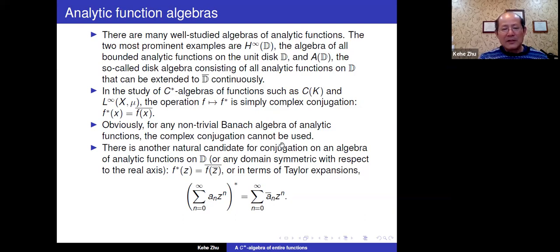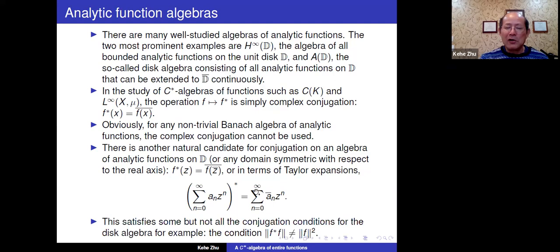But the problem is, although this operation behaves in many ways like the complex conjugation, it does not satisfy all four properties of the C-star algebra definition. It turns out the first three operations are all okay.